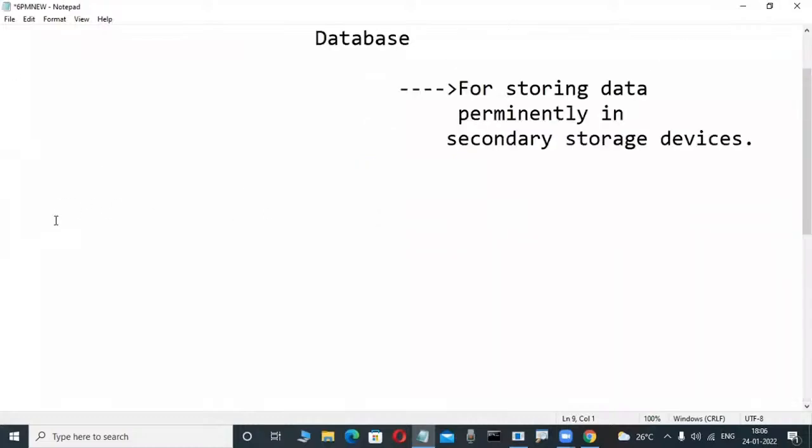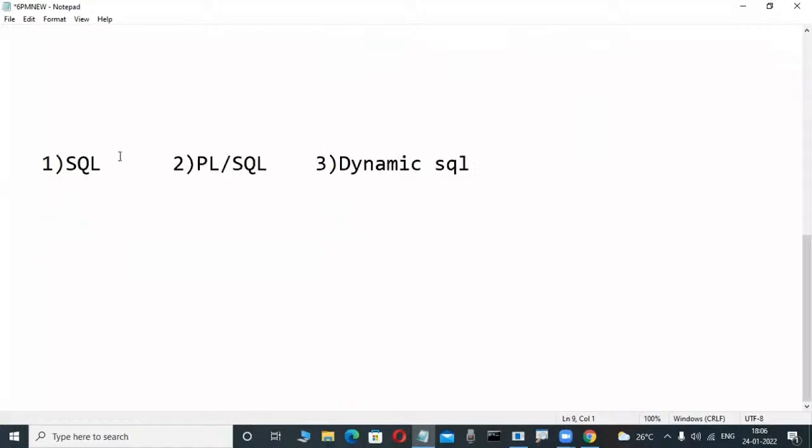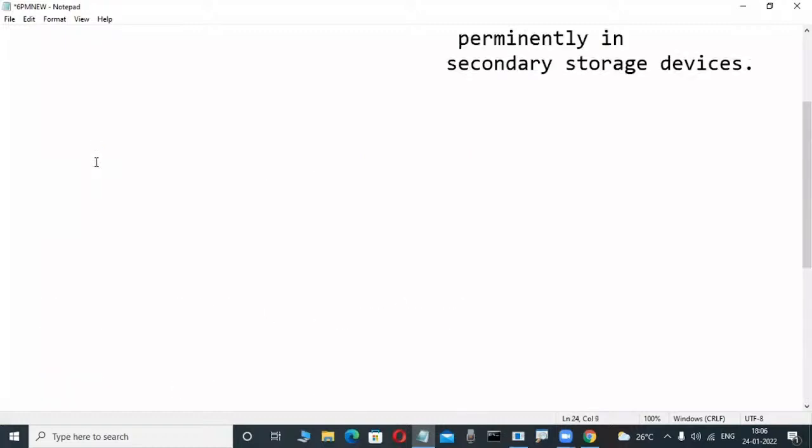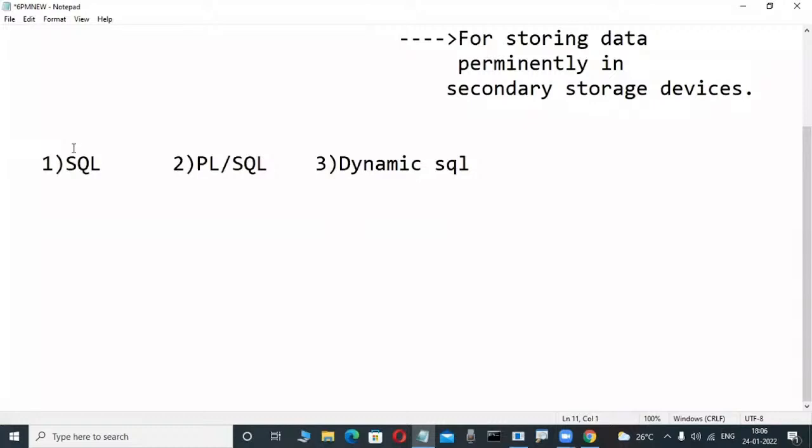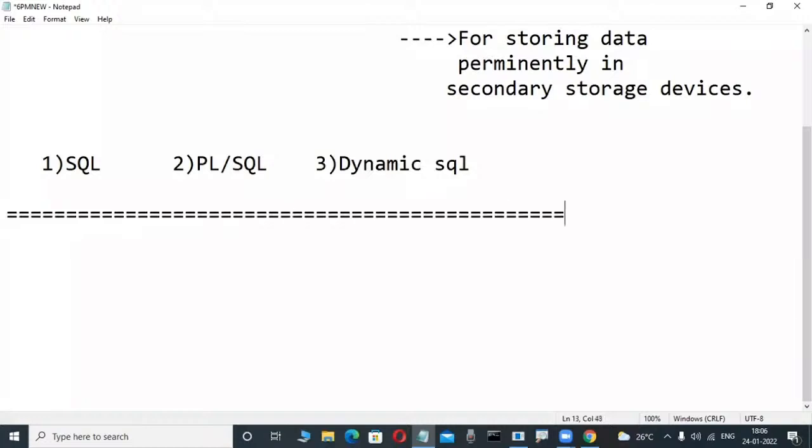Oracle, SQL Server, DB2, Sybase, MySQL, all these databases are implemented based on the relational data model. For operating these products we use SQL. But for the Oracle database product, we use three languages: one is SQL, another is PLSQL, another is dynamic SQL. Up to this, we learned in previous classes.